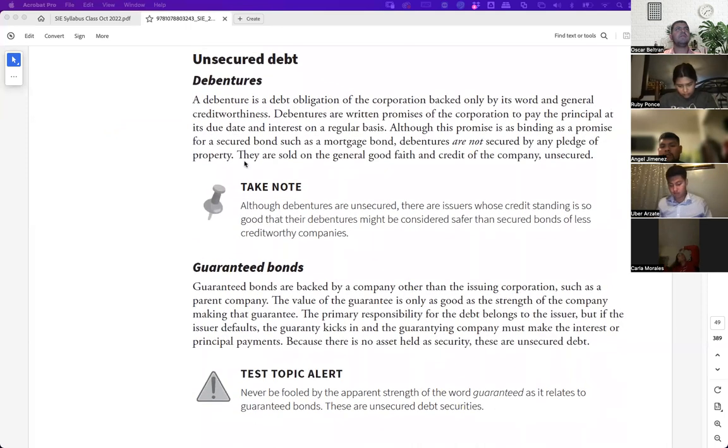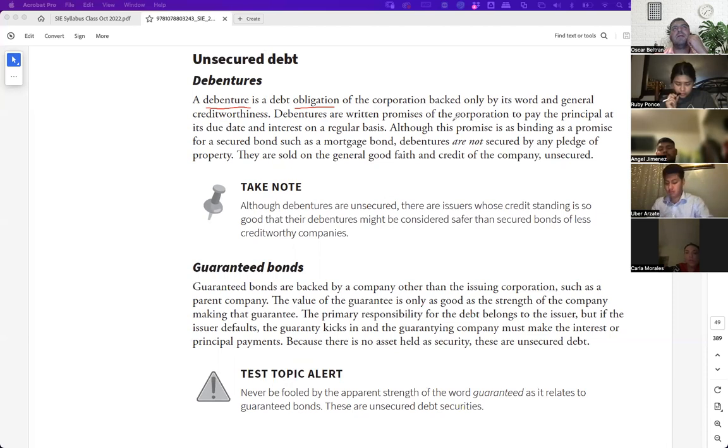You see, and here we have unsecured debt. All right, so here it talks about debentures. Let me give it a little pen here. A debenture is a debt obligation of the corporation backed only by its word and general creditworthiness.